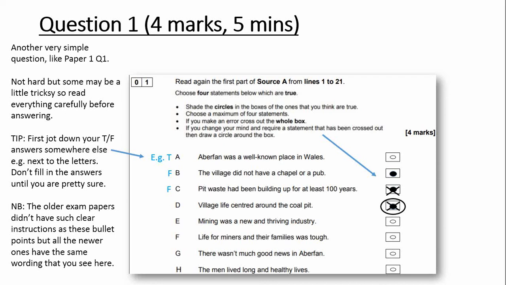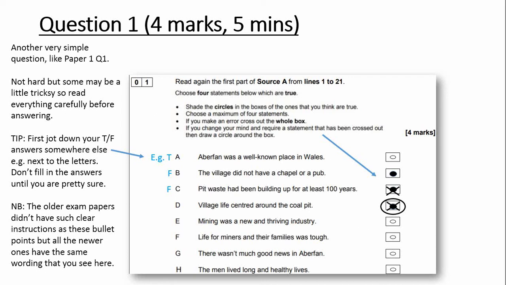And again, the second one that I've filled in, you'll see I've crossed out the whole box. If you change your mind again and you decide that you do after all want to use an answer which you've previously discounted, then you put a circle around the whole thing to show that actually that is the answer that you do want to count.